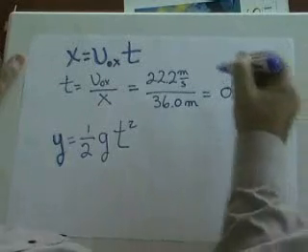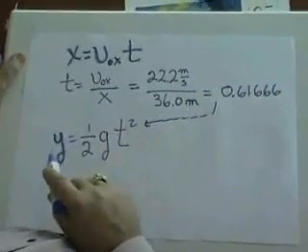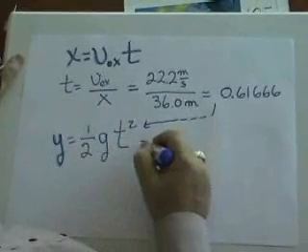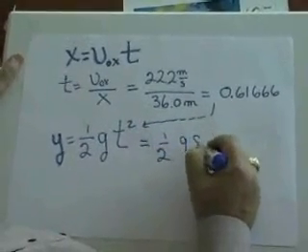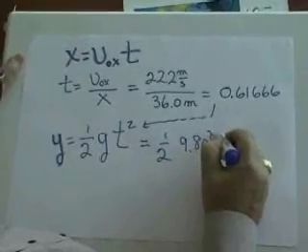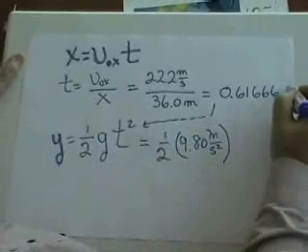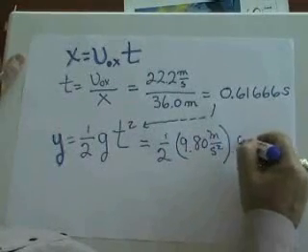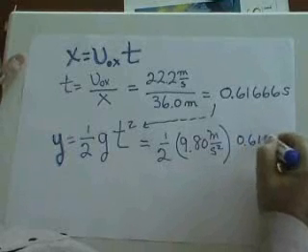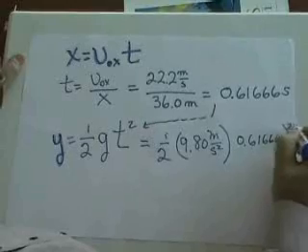We take our time and we put it in the equation of motion for the Y direction, and we get 1/2 times 9.80 meters per second squared, by the way, this would be seconds squared, times the time squared.